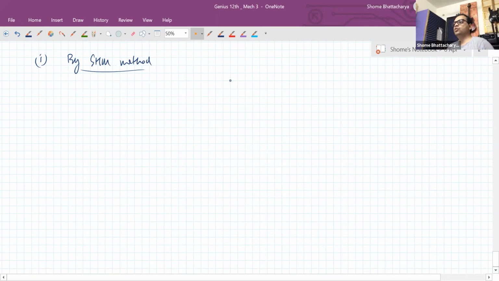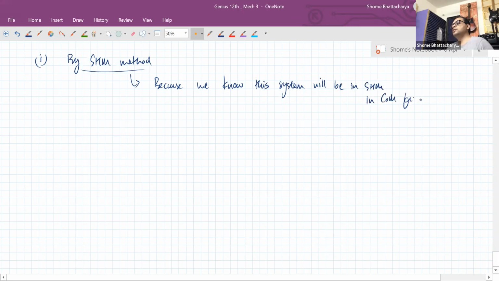In the back of my mind I know that this system is going to do SHM about the center of mass, because we know this system will be in SHM in the center of mass frame, not in the ground frame, but in the center of mass frame.